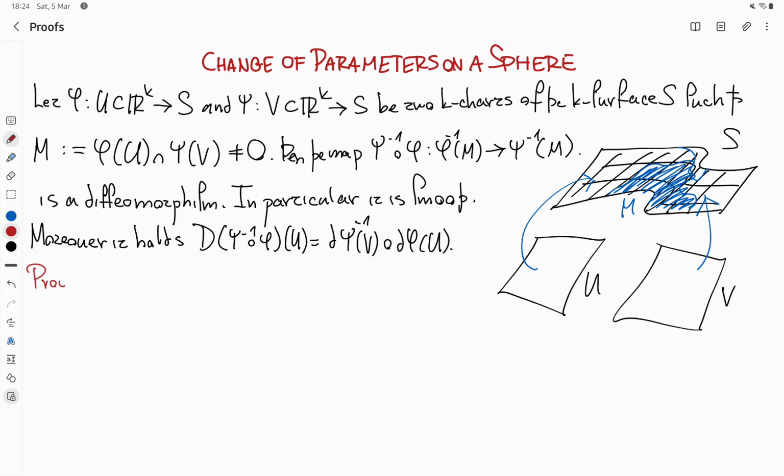Proof. The proof is simple. It's more of an exercise, really. So we have x is equal to phi of some u is equal to xi of some v, which is an element of M, for u an element of U and v an element of capital V, right?